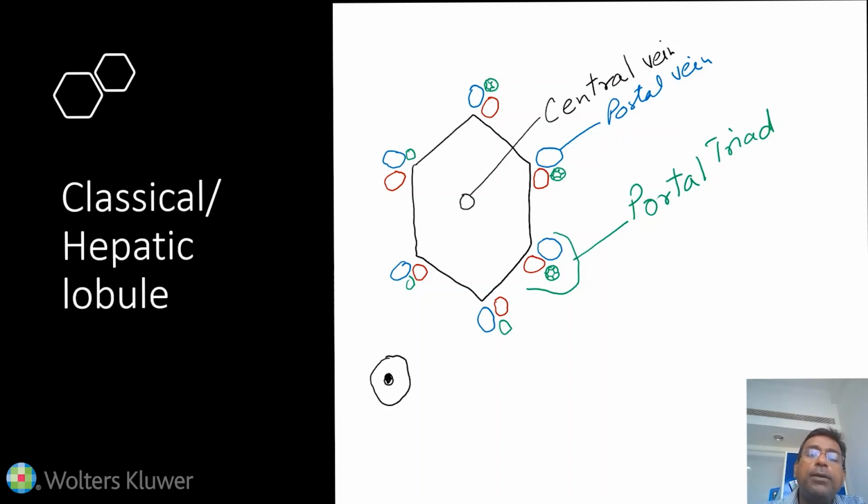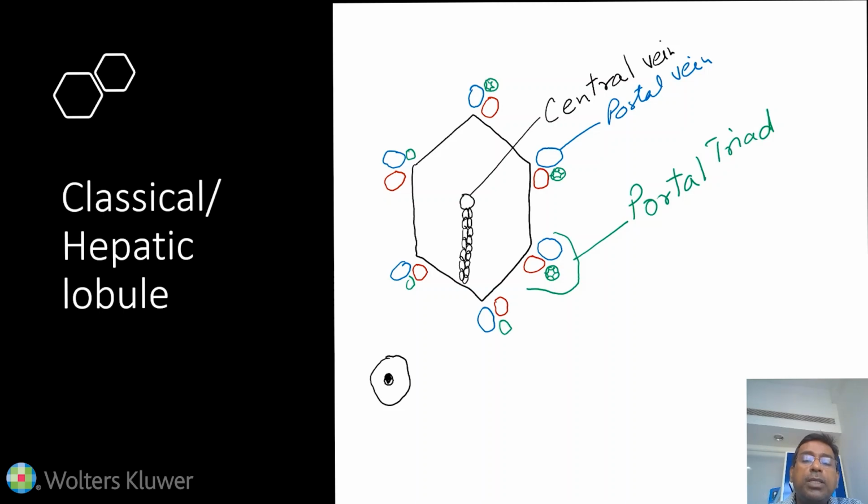This hepatocyte is arranged in this hexagonal unit as single or double celled plates. Now, what I mean by the plates is, when you see it in 3 dimensions, this figure which I have drawn is in 2 dimensions.